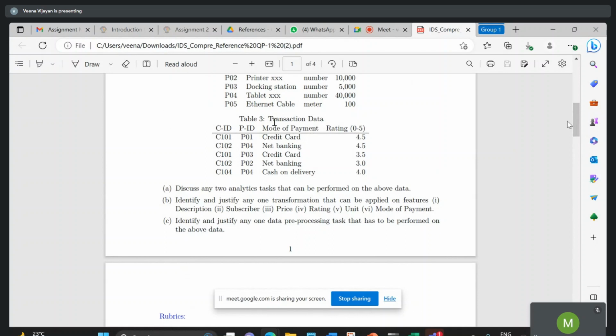For example, as of now, we have the customer ID. For our analytical purpose, if we also want the customer name to be available and not the ID, and the product name instead of the product ID, we'll have to do that joining based on the primary and foreign keys to create a data set which will be more meaningful.